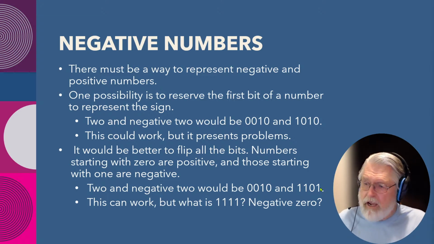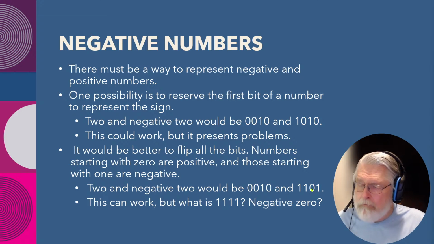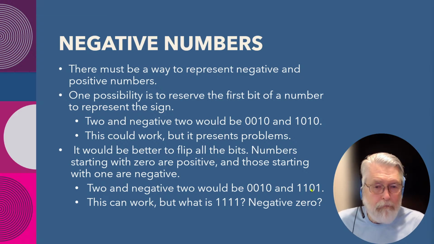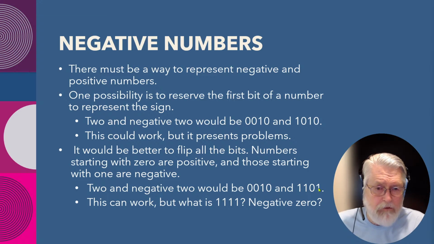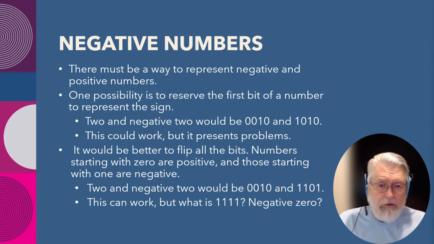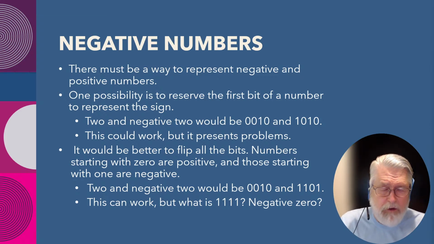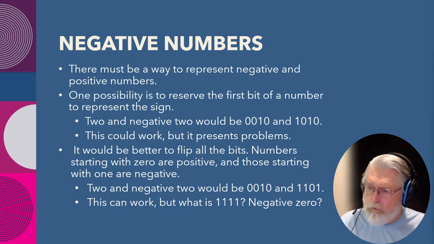And in this case, there are some things to like about this particular system, because you can add them up and so on in the same way that you would add up the positive integers, and there's not that much difficulty with it, but there is one little complication, and that is, what do you do about this number here? 1, 1, 1, 1.